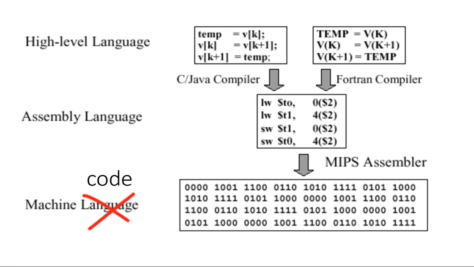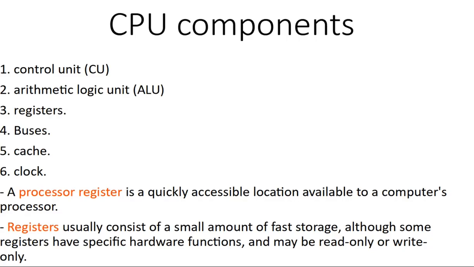Just to make sure you understand what a CPU consists of: it consists of a control unit, an arithmetic logic unit, and registers, which are quickly accessible locations available to a computer's processor.